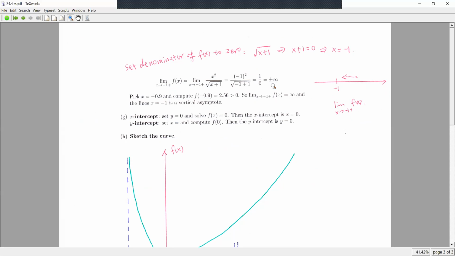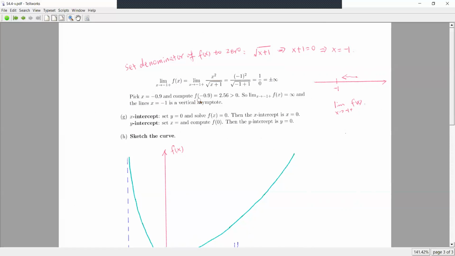To determine the sign of this infinity, I pick a point very close to -1 on the right-hand side, so I choose -0.9.